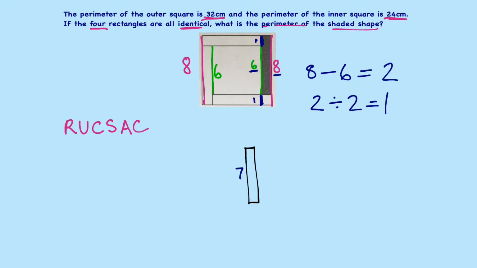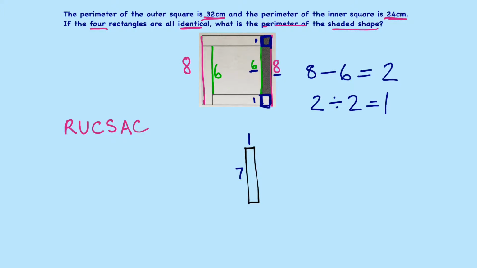Now I need to work out the width of my shaded shape, so the width of this little bit here and this little bit here. Well, the ends of all these shapes are exactly the same. It's 1. So I know that the end of my shaded shape is 1 because it's this little measurement here. And remember, it's a square, so that would be 1, that would be 1, that would be 1. That's a 1 by 1 square, and exactly the same down this end.